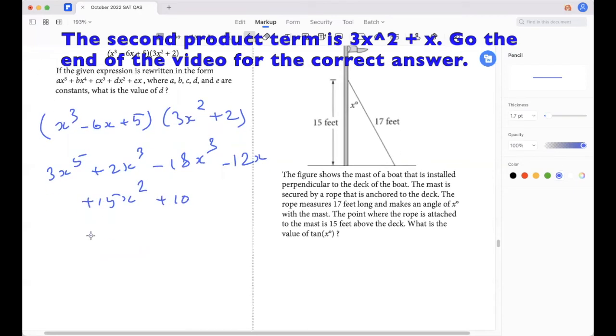So if you bring the like terms together, 3x to the power 5 plus 2 minus 18, so minus 16x cube plus 15x square minus 12x plus 10. So d is the coefficient of x square, so that's 15.